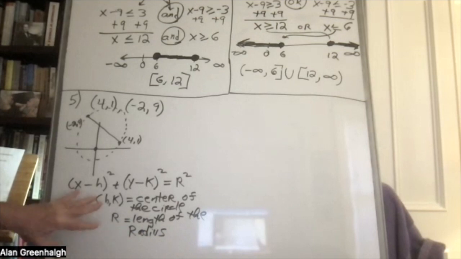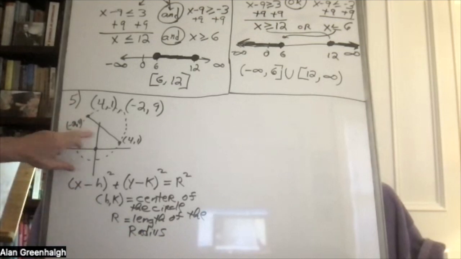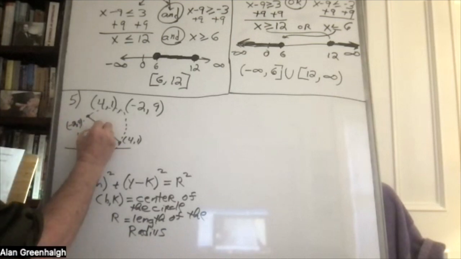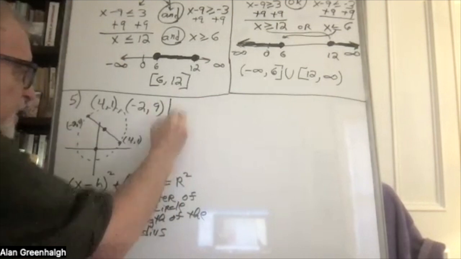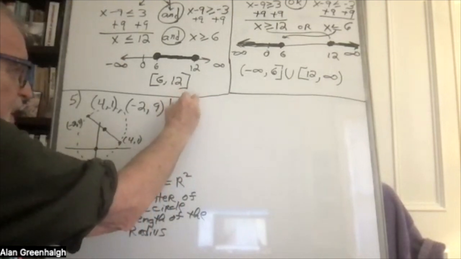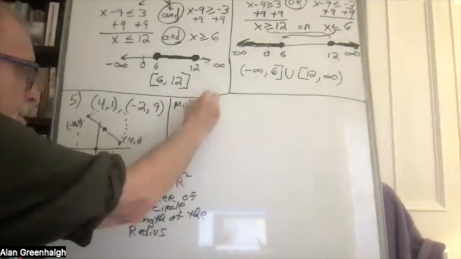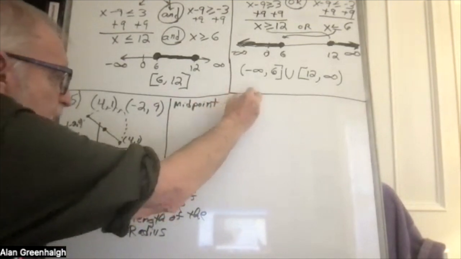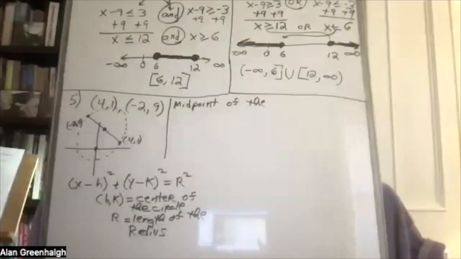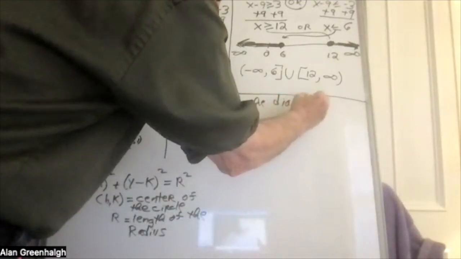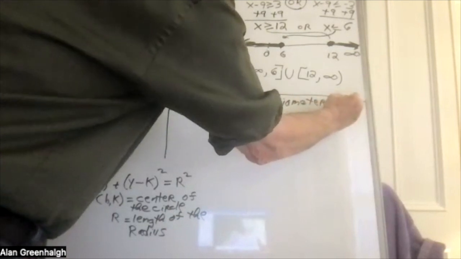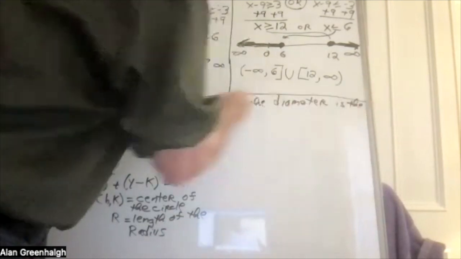So what we want to do with the 2 points that are given is find the center, find the midpoint. The key aspect here is that the midpoint of the diameter is the center of the circle.